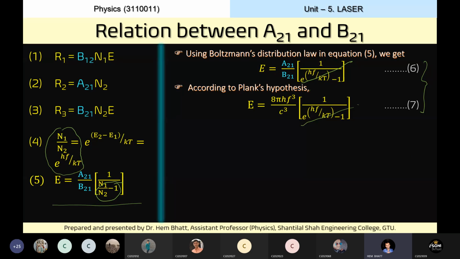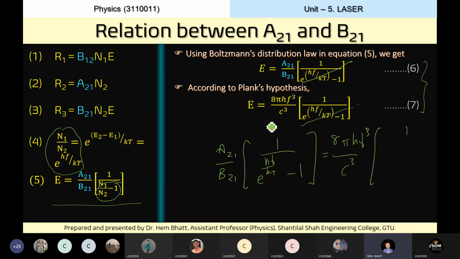See, A21 by B21 into 1 upon e raised to hf over kt minus 1 is equal to 8 pi hf cube by c cube into 1 upon e raised to hf over kt minus 1. સરખાવો એટલે શું થાય? આ બે બ્રેકેટ તો સરખા છે, ઉડી જશે, બરાબર? તો વધે શું?